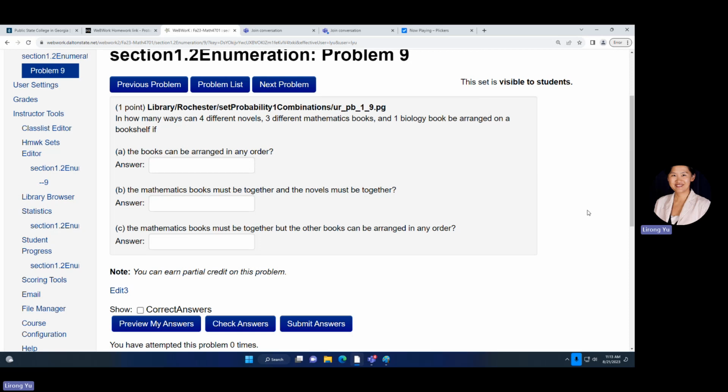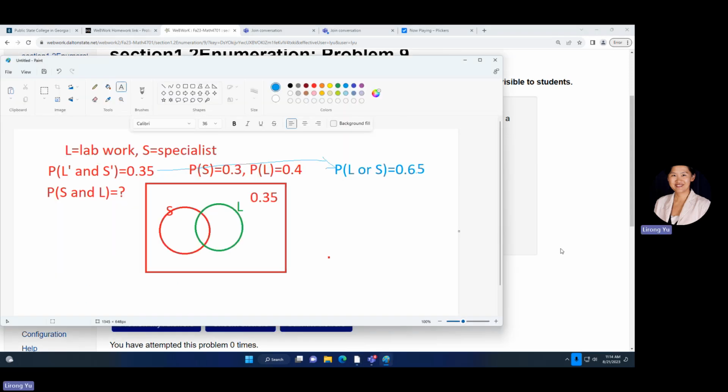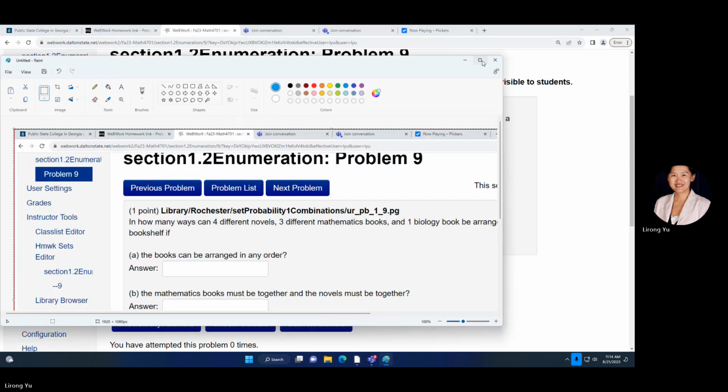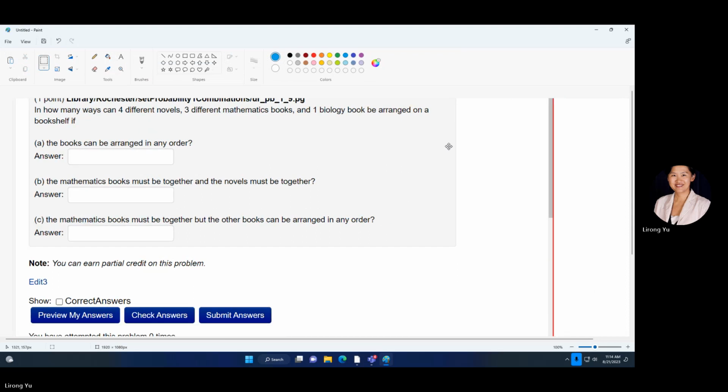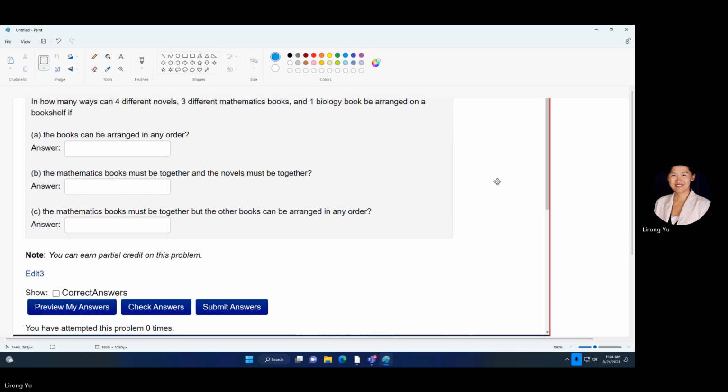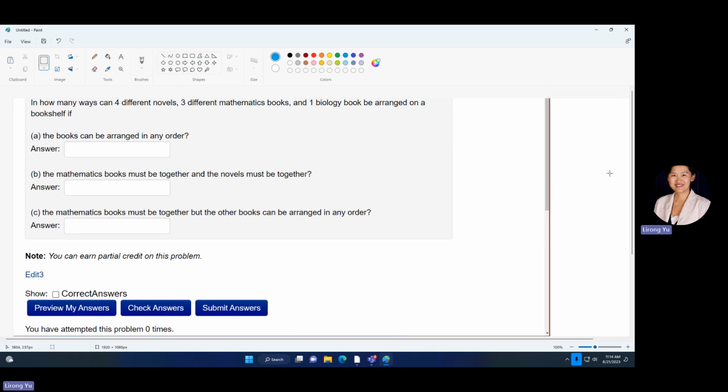Problem 9. Basically I was just struggling to complete the problem. Okay. In how many ways can 4 different novels, 3 mathematics books, and 1 biology book be arranged on a bookshelf, if the books can be arranged in any order?